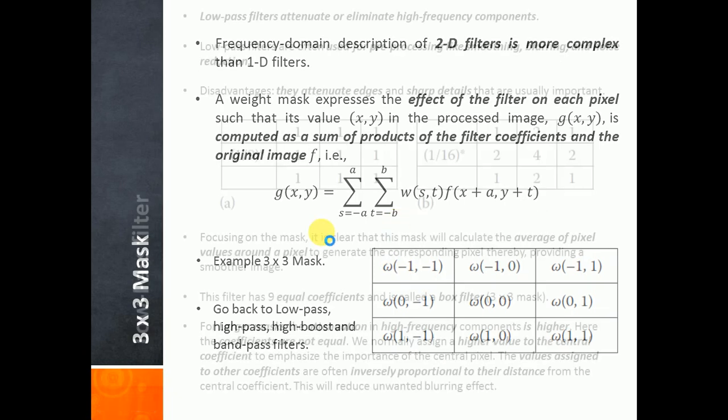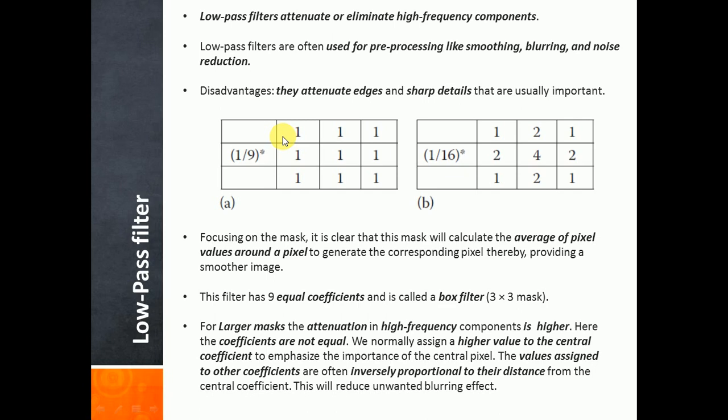So going back to the low pass, this is the simplest example, where the pixel in question and its neighbors all have the same weight, which is 1, and all you're doing is taking the average.